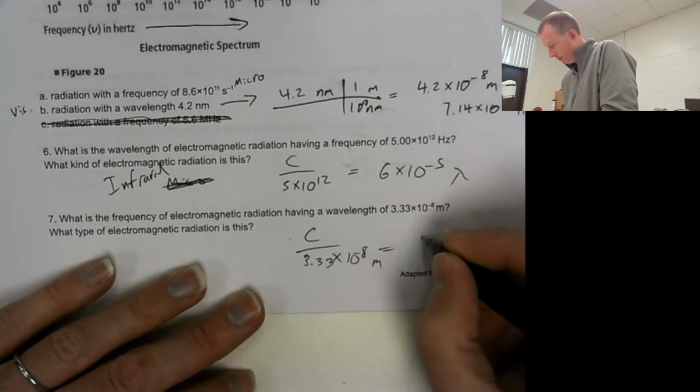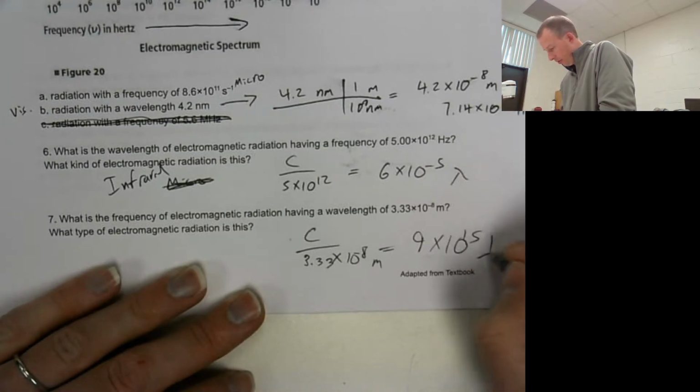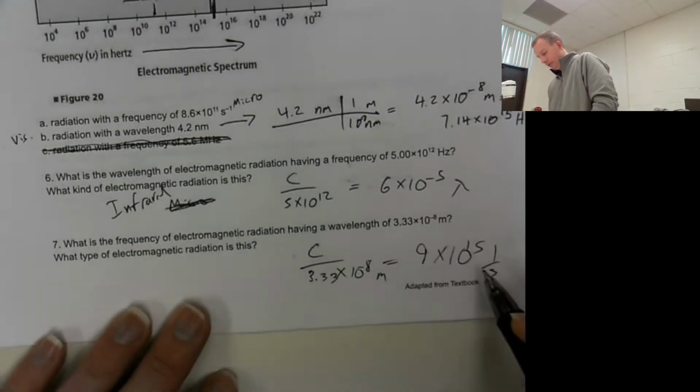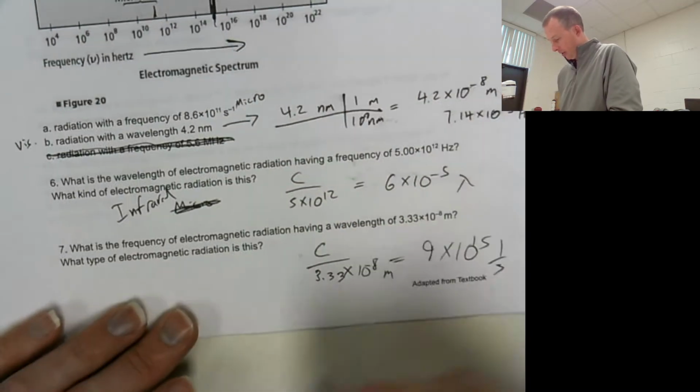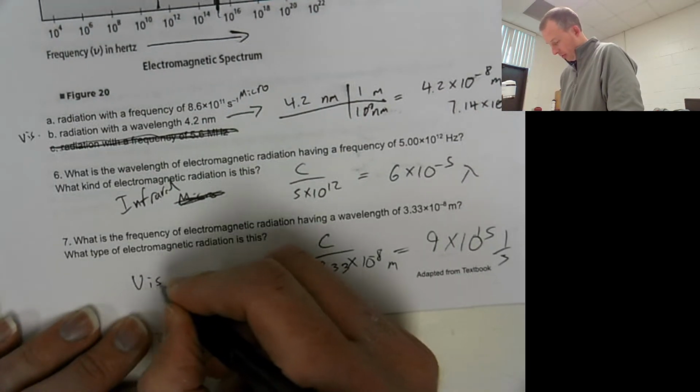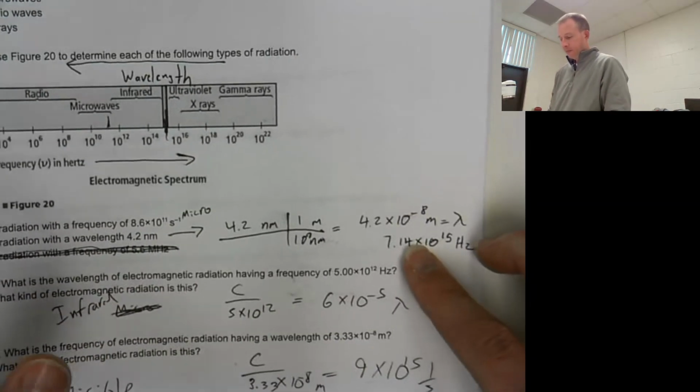That'll give you, say, 9 times 10 to the 15th. So what type is this? Go find the 15th again, and you're right in this middle area, sort of the visible spectrum, close enough. That's the front side.